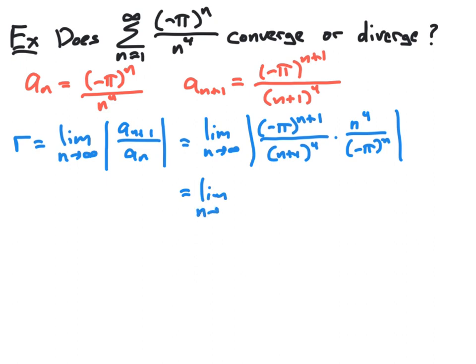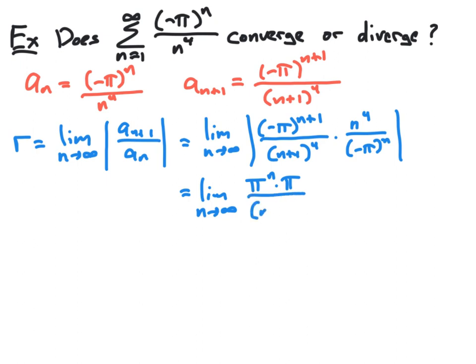Now notice that we can get several things to be simplified here. First, the negative π can simply become π by evaluating the absolute values. And so when we group this, we have in the numerator π^n times π. That's our π^(n+1).